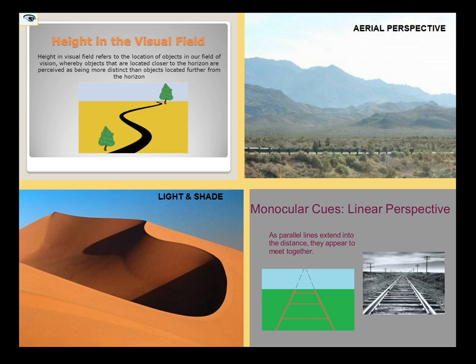Coming to the aerial perspective, very important. The air contains some microscopic particles of dust. These dust particles, along with moisture, make the far off, or distant, objects look very blurred, very hazy, very unclear.